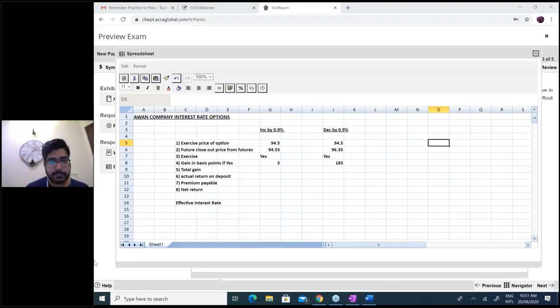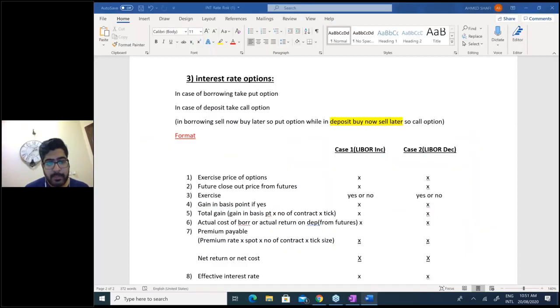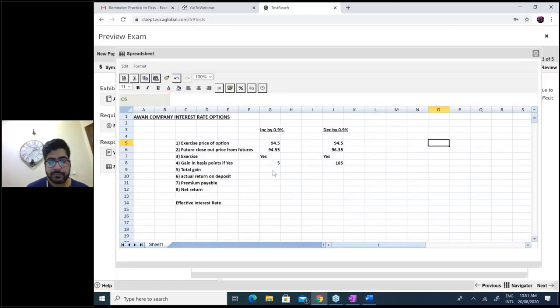Now let's move towards the total gain. Where's the formula of total gain? See, I am highlighting the formula: gain in basis points into number of contracts into tick. What is the gain in basis points? 5, into the number of contracts. Remember the number of contracts from the last session, 32, into tick, which was 50.